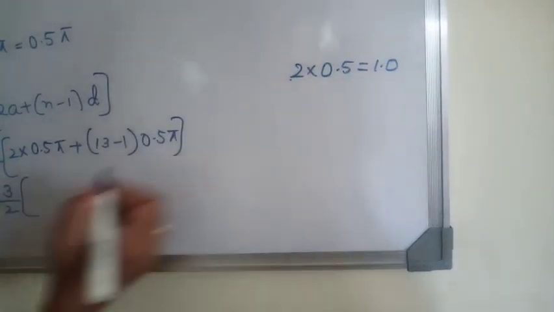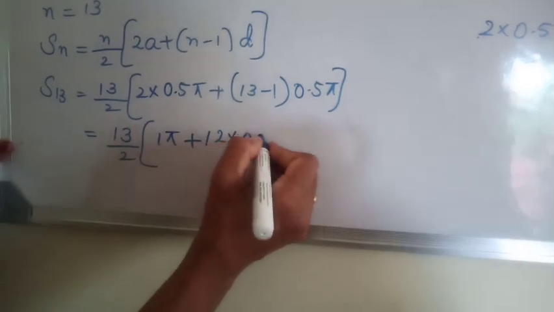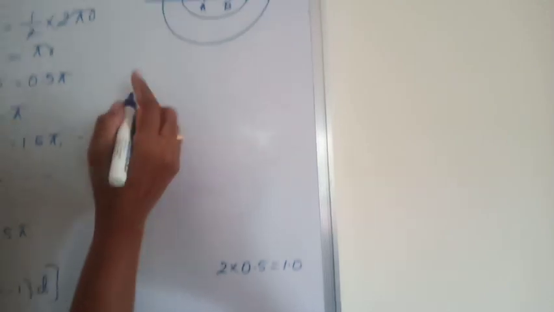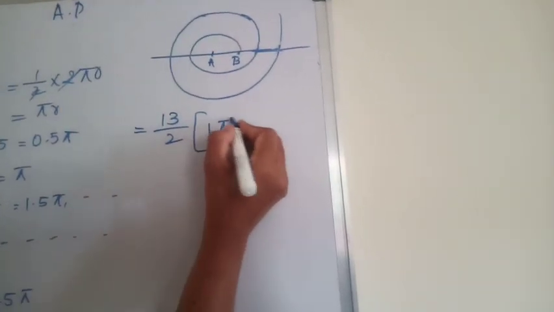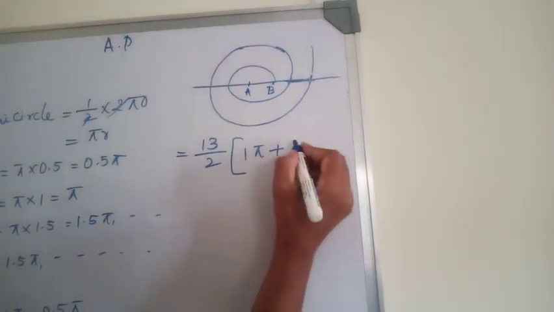So it is 1. So 1 pi plus 12 into 0.5 pi. That is 13 by 2 into 1 pi plus, same way 12 into 5, 60, one point we have to adjust.